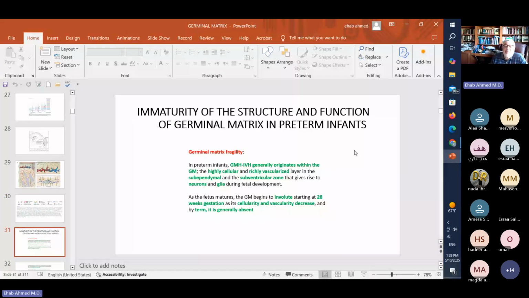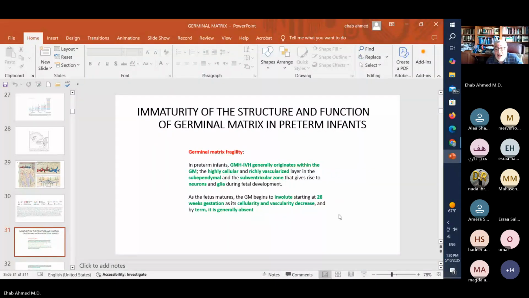It's a big deal, but we cannot go deep into these details. So the germinal matrix is very fragile, as we mentioned, because it's a highly cellular, richly vascularized, subependymal structure, and also the metabolic needs of this area are very high, and this area is very rich in mitochondria, and that's why it's very sensitive to injury, hypoxia, or decreased perfusion.